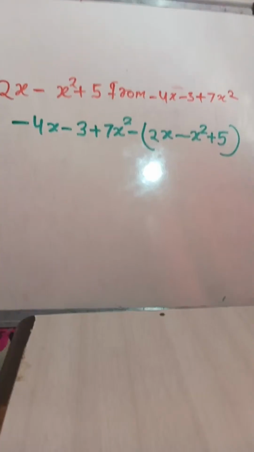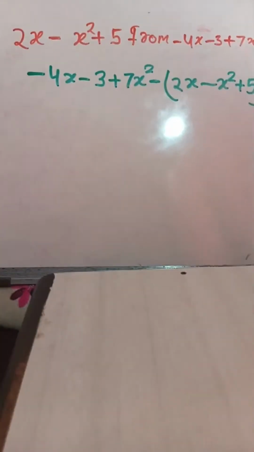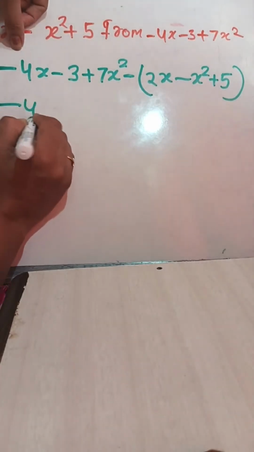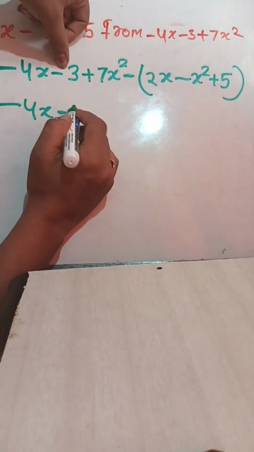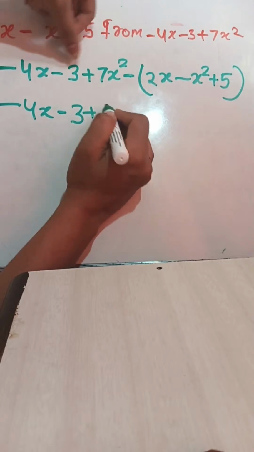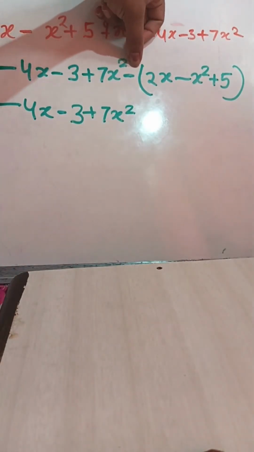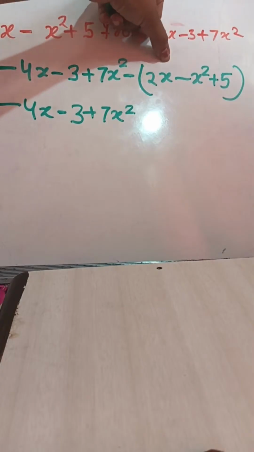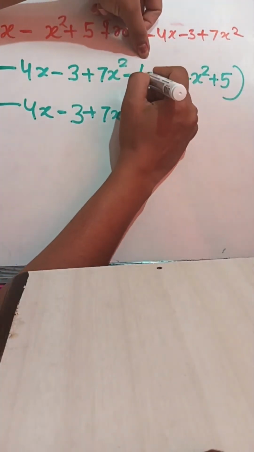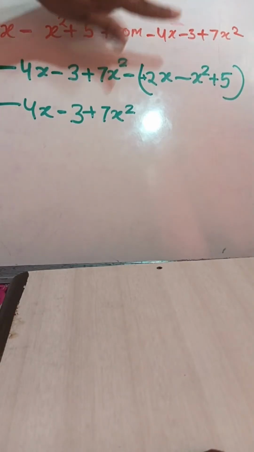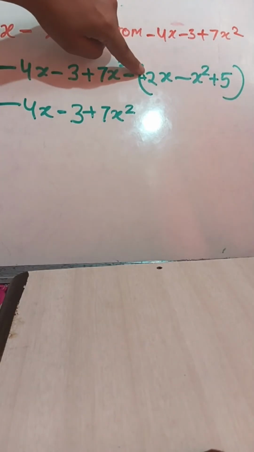Okay, now how is it done? Just see here. First we write minus 4x minus 3 plus 7x square. Now we open the bracket and this minus will multiply with 2x. Here there is no sign, it means it has a plus sign.